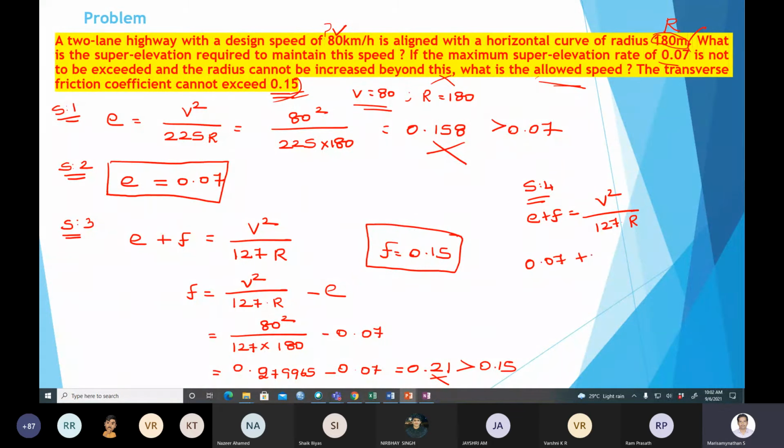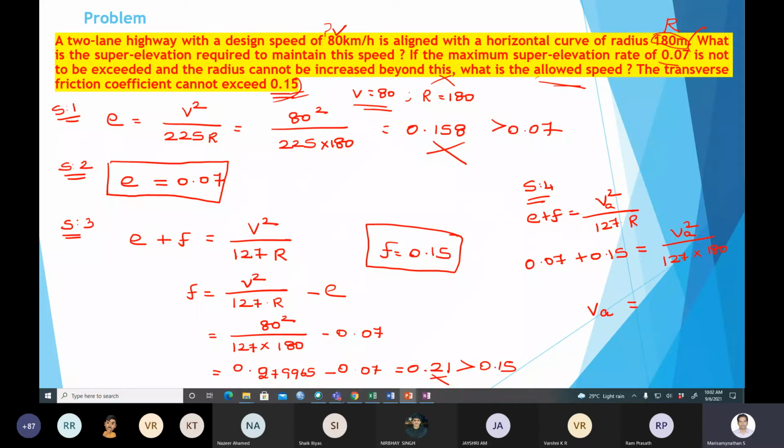So 0.07 plus 0.15 equals V squared, we are going to estimate the allowable speed, divided by 127 into R, which is 180. So you can estimate the value of V. So 0.07 plus 0.15, I am getting the value of 0.22 into 127 into 180.